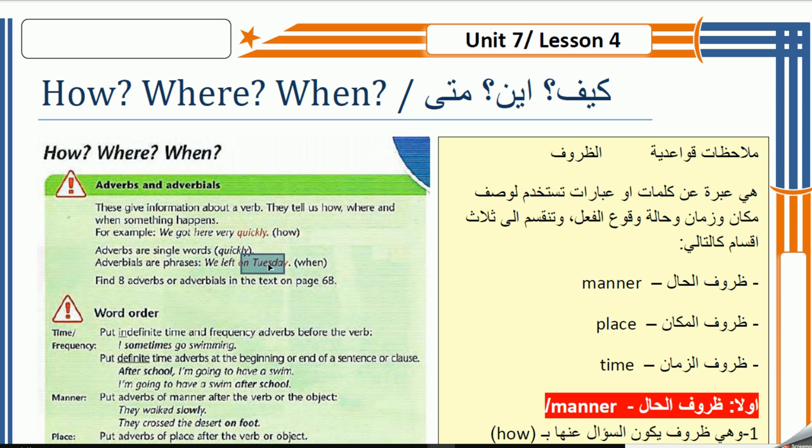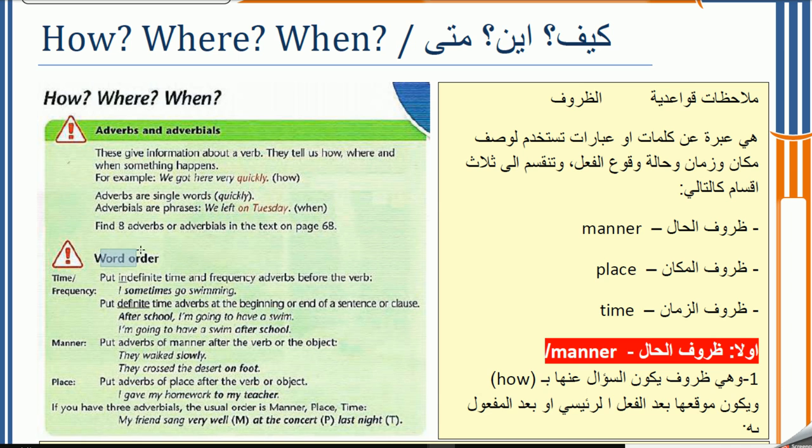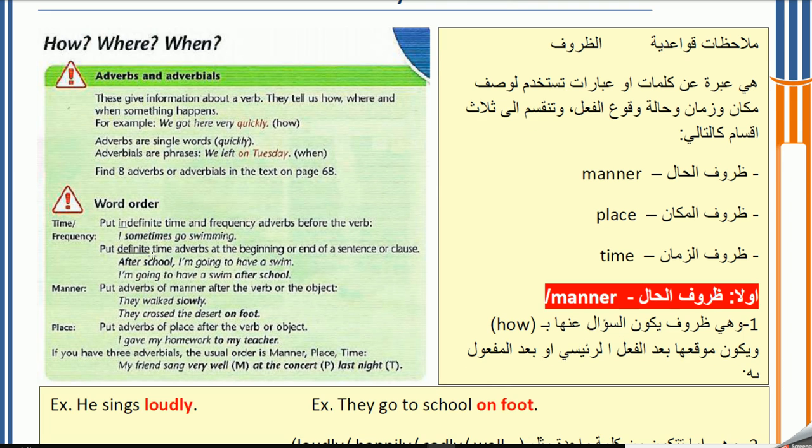On Tuesday, here, adverbial, means when. So, word order. The adverbs can be divided into three: time, number one; number two, manner; number three, place.